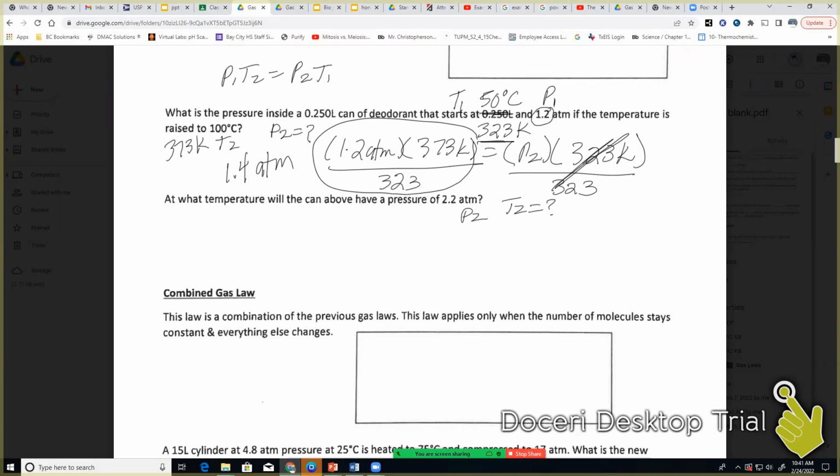My beginning pressure didn't change, so that was my 1.2 ATMs. My T2, that's what I'm interested in, that's my unknown. My P2 was when it changed to 2.2 ATMs. And my beginning temperature, we set up here, was my 323 K.